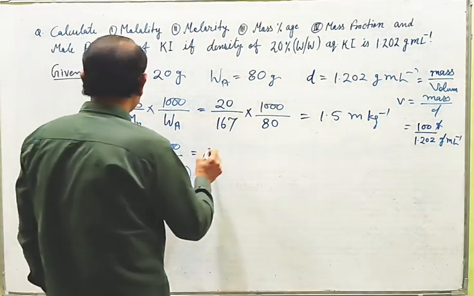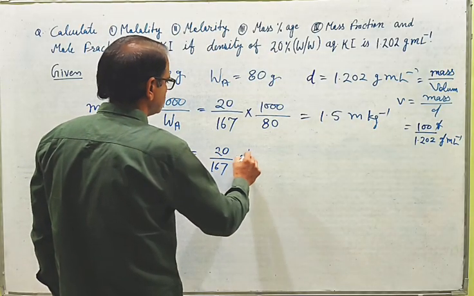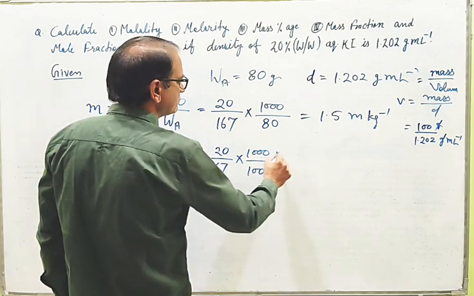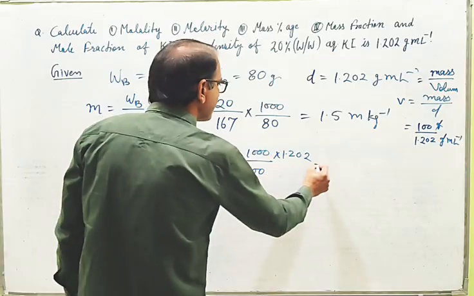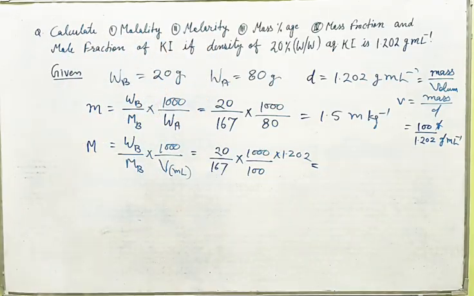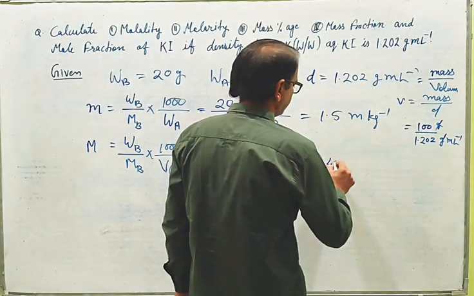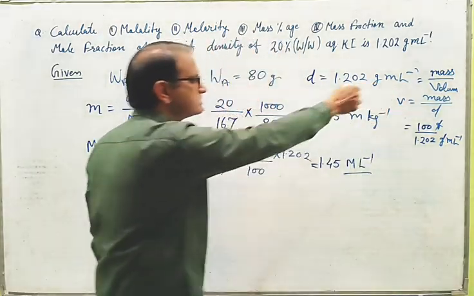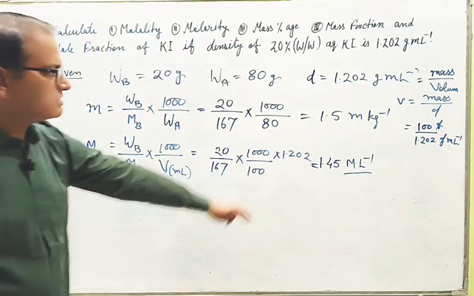Now we can put the values: Wb 20 upon 167 into 1000 upon this 100 divided by 1.202, so 1.202 will go to the numerator. The answer will be 1.45 mole liter inverse. See the units.